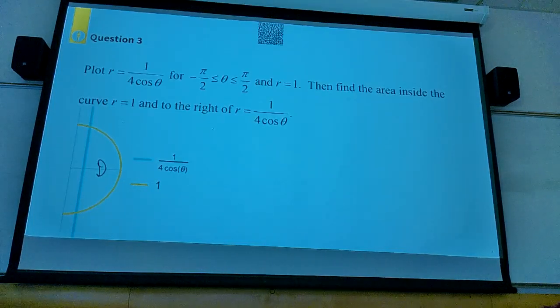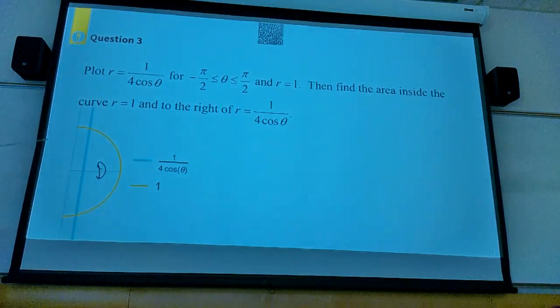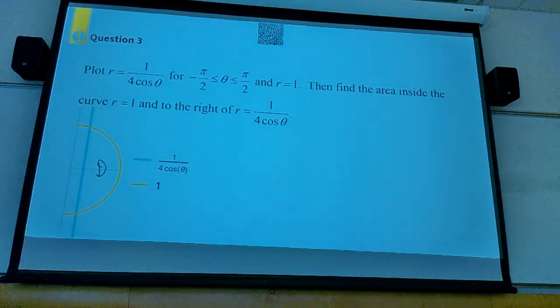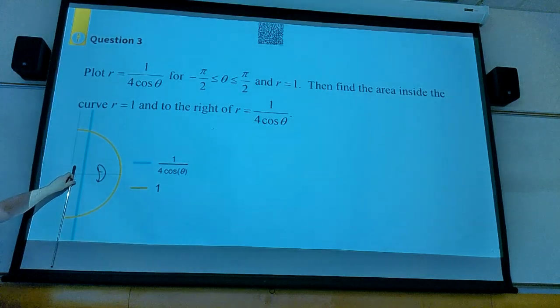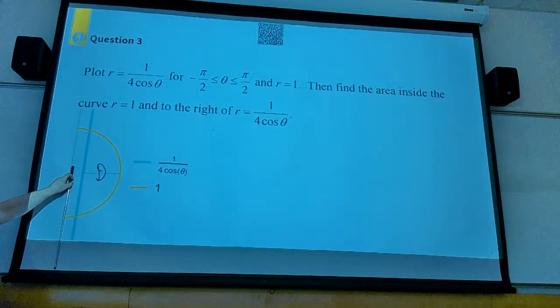Pi has the 3, so that would be this. Where does the region start? 2 to pi. So the region starts there.